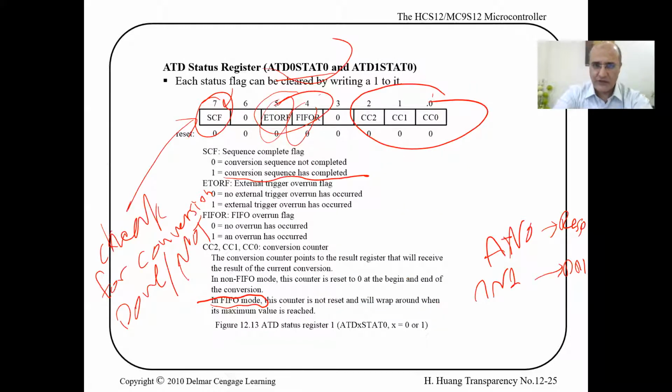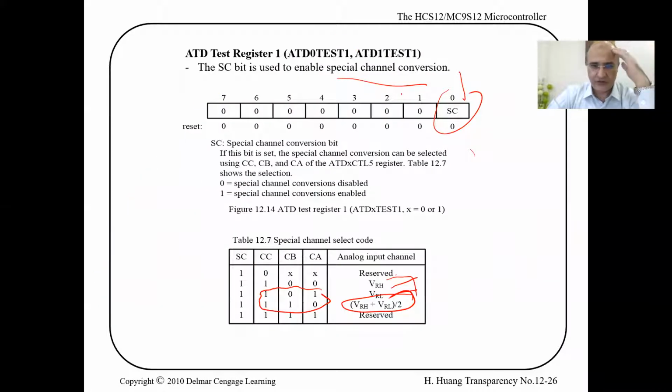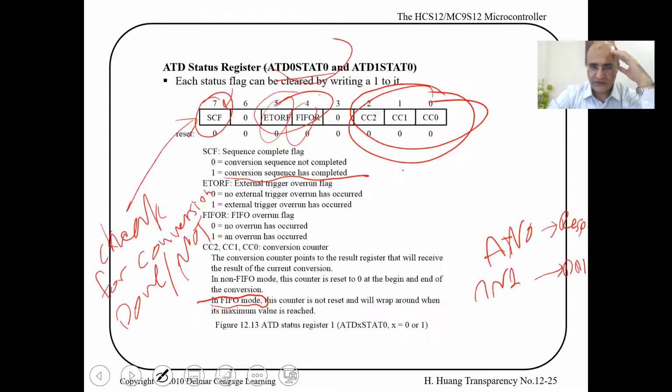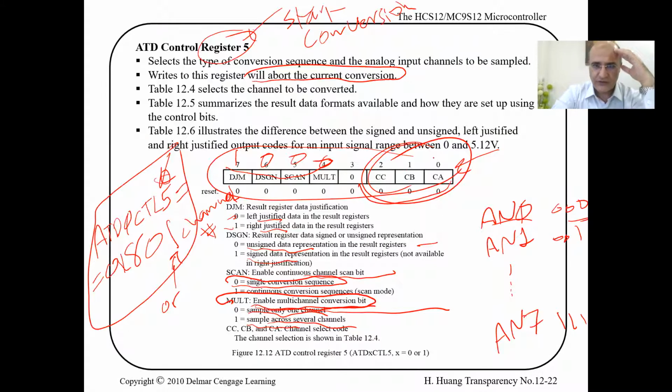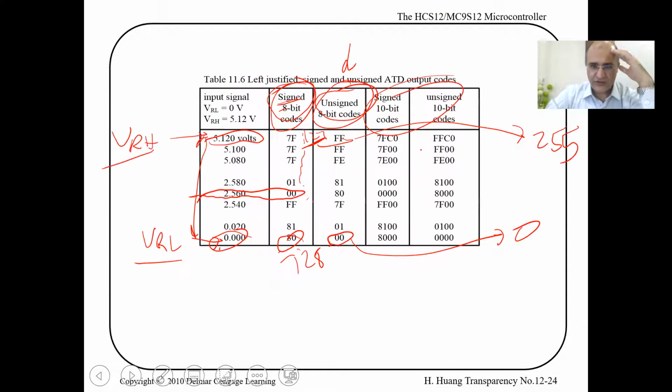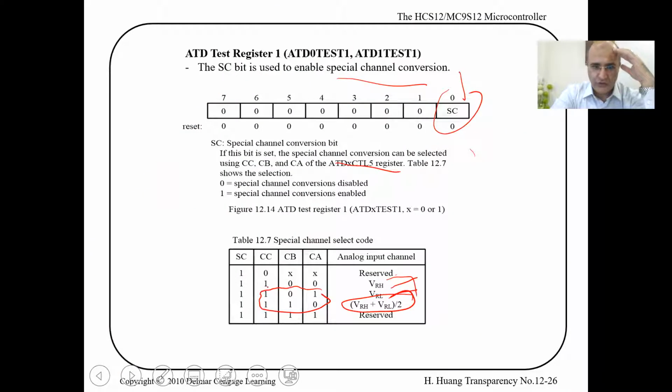these 3 bits, or the channel, sorry, in control register 5 here, these ones. If you set them to 100, then you will be reading the voltage on the reference high. 101 is voltage reference low. 110 will be the sum over 2, meaning their average.